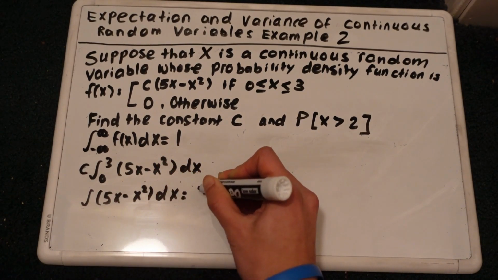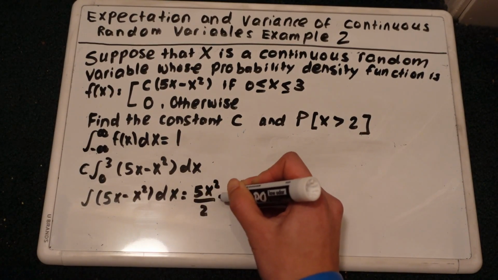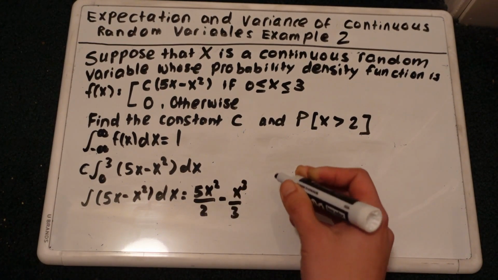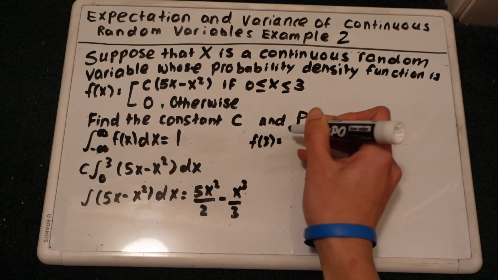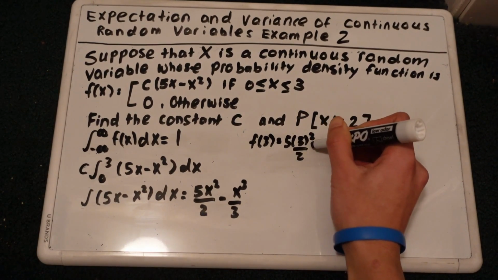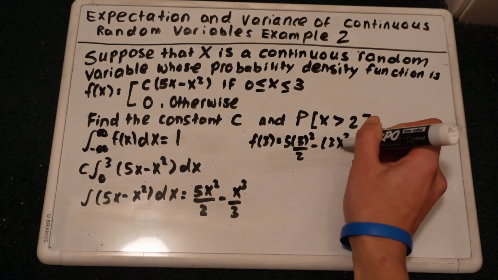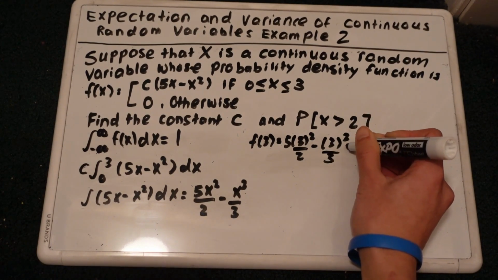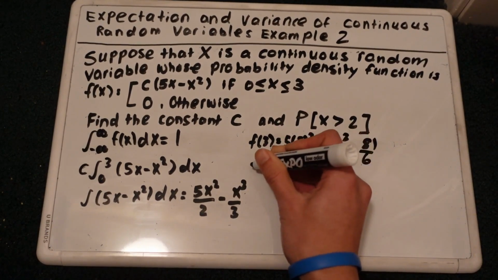So this would be 5x squared over 2 minus x cubed over 3. I can just plug in 3 into here. And this would just be 81 over 6.